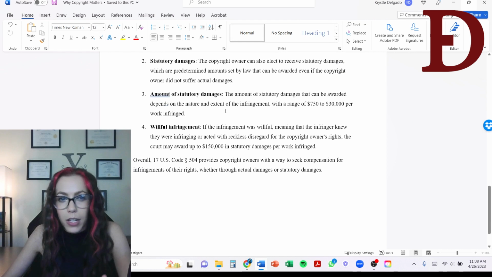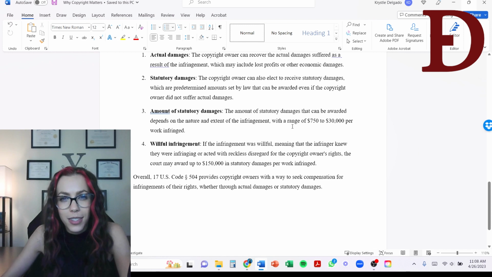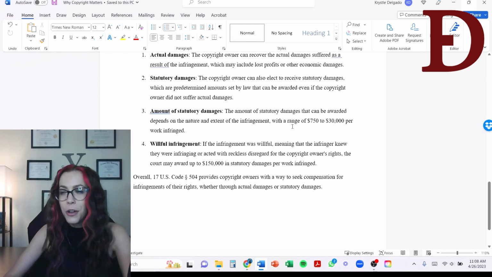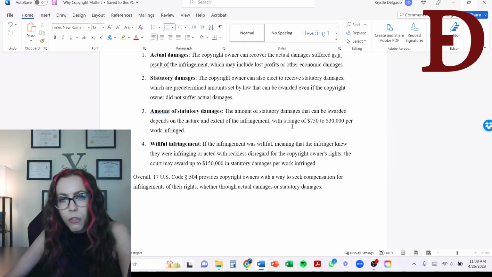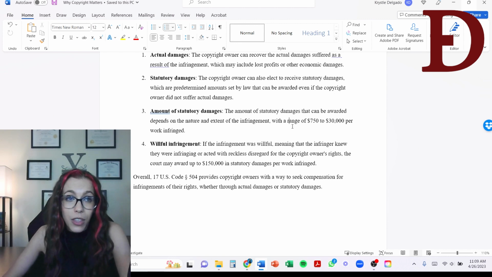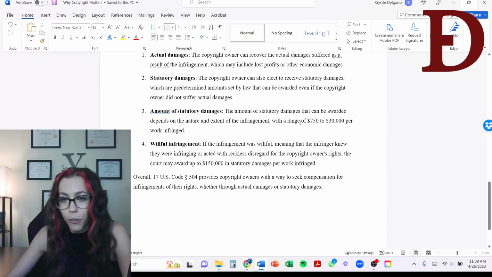And with copyright, here's what we get. For statutory damages, we can get within a range of $750 to $30,000 per infringement. That's the automatic thing that happens, before we even need to prove that it was willful, that they meant to violate our copyright. Even if they just did it by accident or it was negligence, that's the range we can get. That's pretty good news for us.